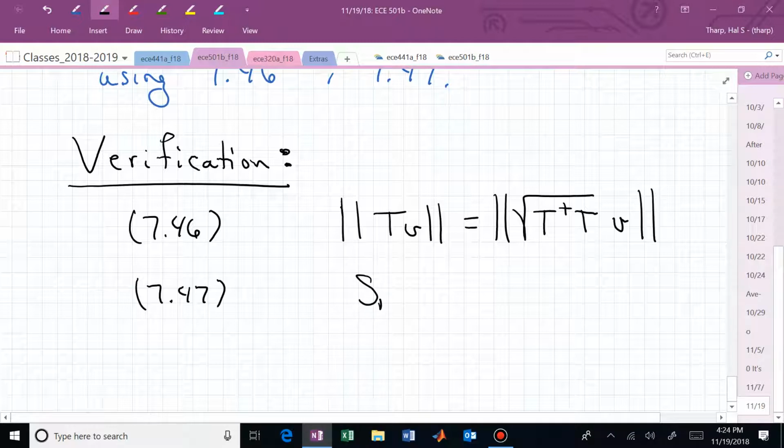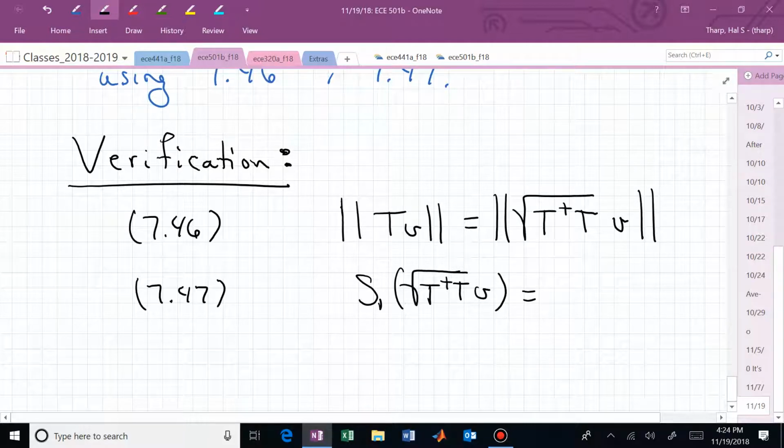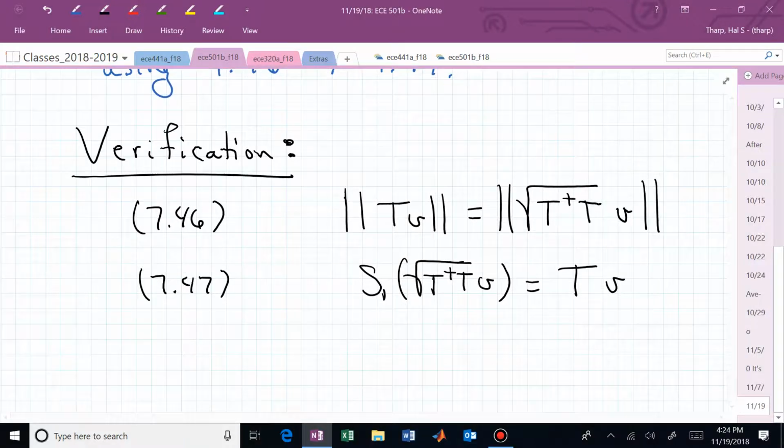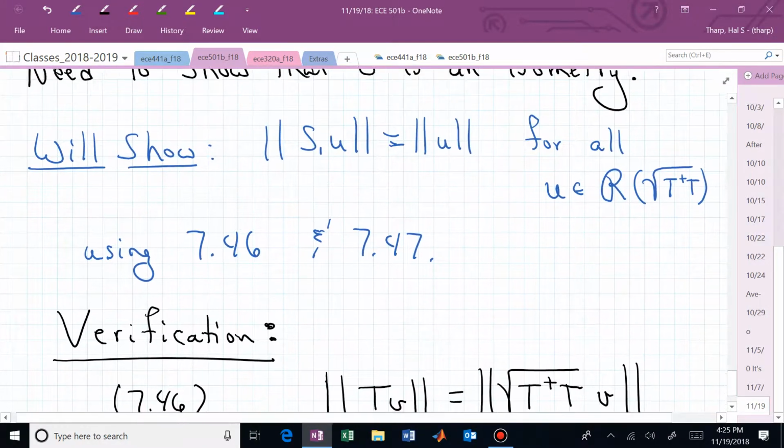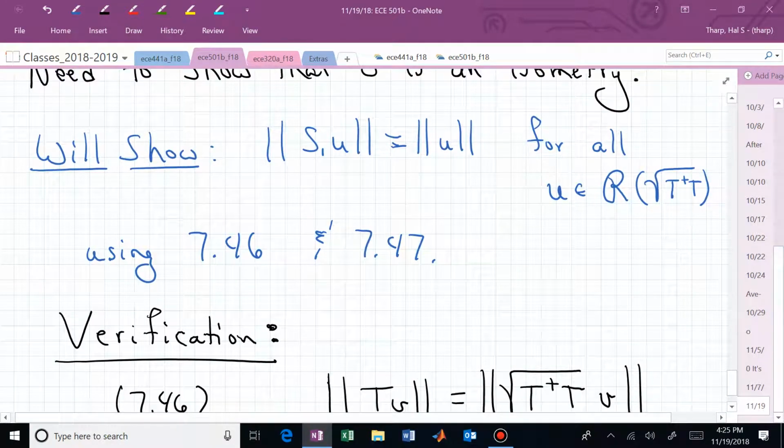So S1 applied to the output of this positive operator, square root of T dagger T, applied to v, is equal to Tv. That's equation 47. So now let's use those to verify that S1 is norm preserving on these restricted vectors that belong to the range of this positive operator, square root of T dagger T.